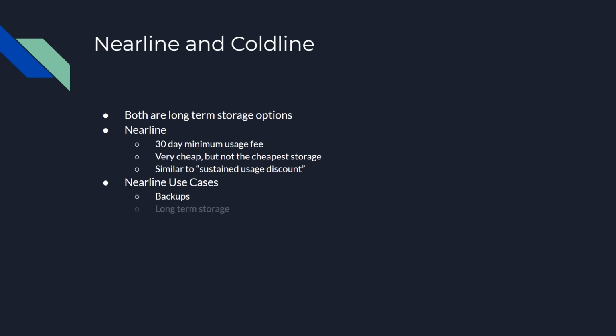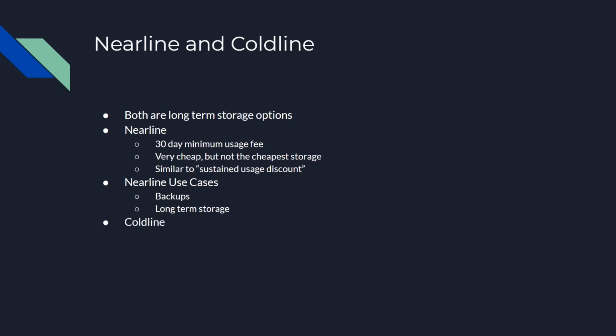And situations where you just need long-term file storage. For instance, if users are allowed to upload videos or photos to your system and you want to just keep them around for a long time, you might as well get the cheaper cost of it.